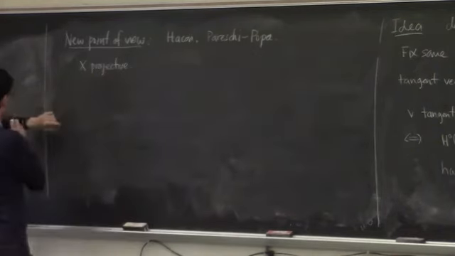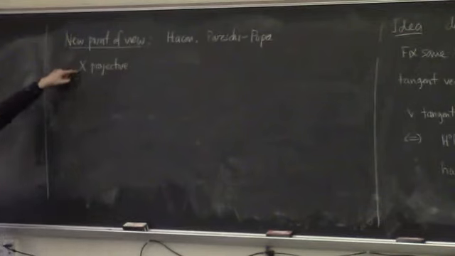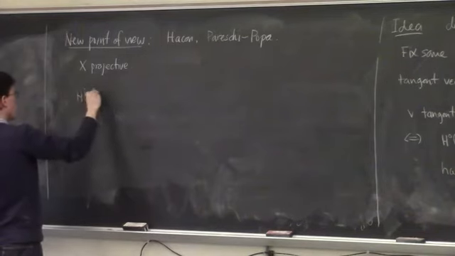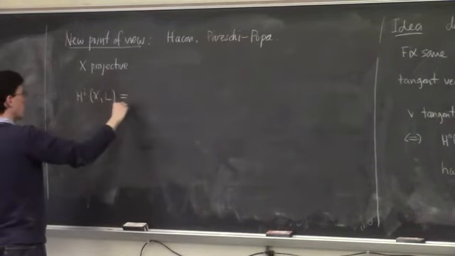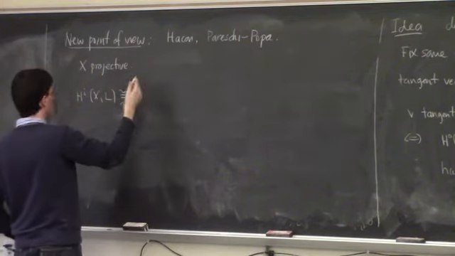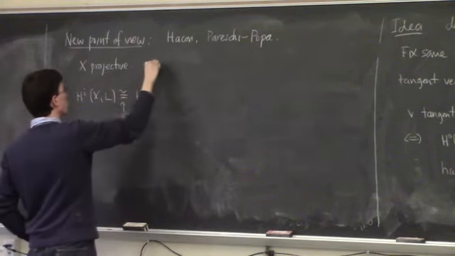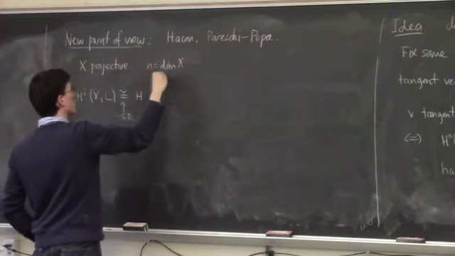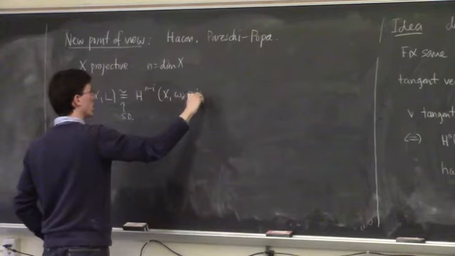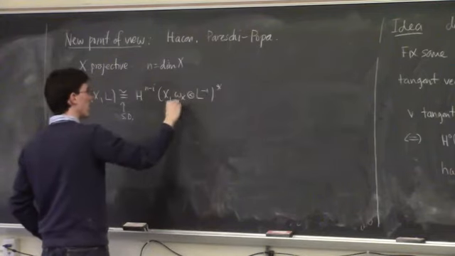Okay, so I will assume now that X is projective because I have to use some algebraic methods. The first thing is, we start from the observation that, again by Serre duality, this group is isomorphic to the dual, where n is the dimension of X. This is the canonical bundle.